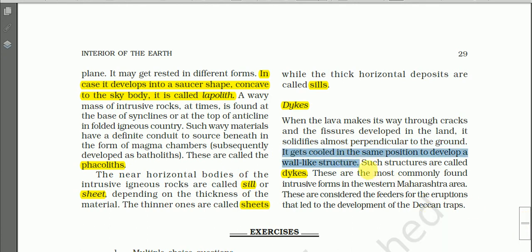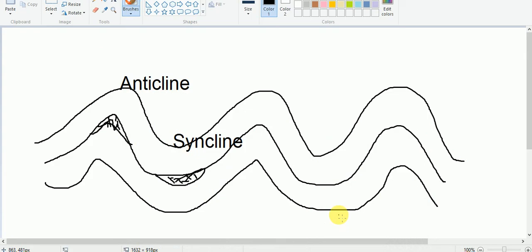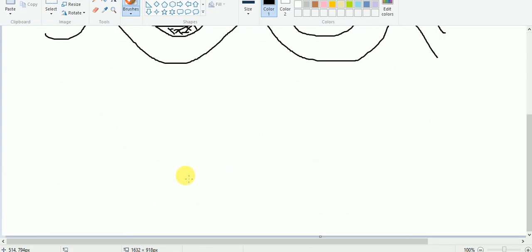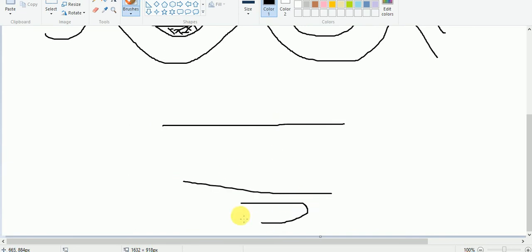Such structures are called dikes. That means dikes are vertical intrusions. See here, if this is the layer and magma is intruded vertically like this, just like a wall, this is known as a dike.